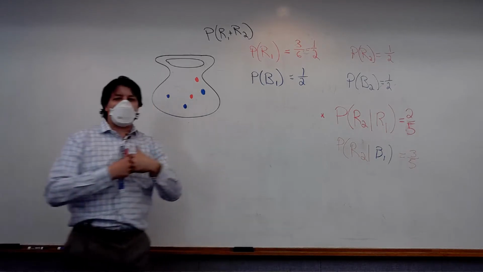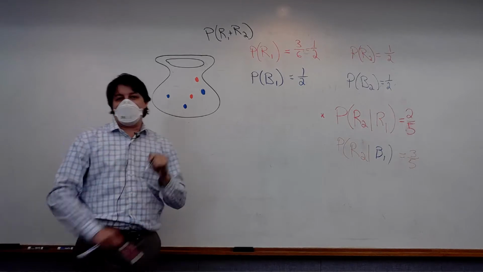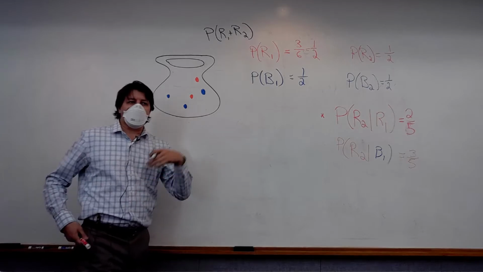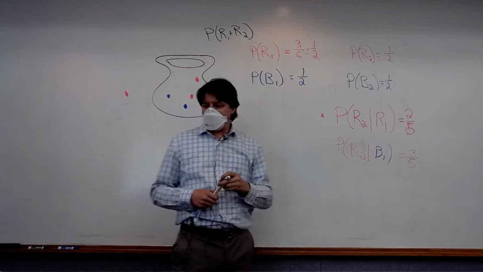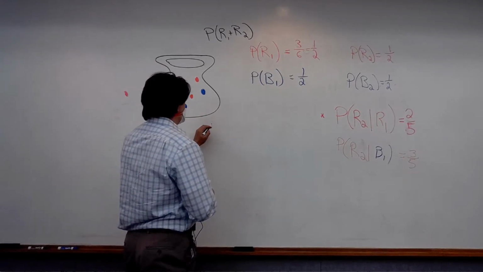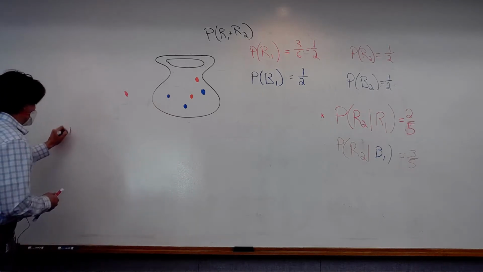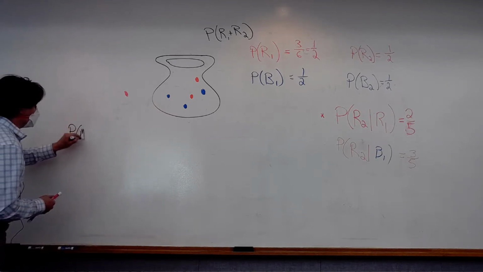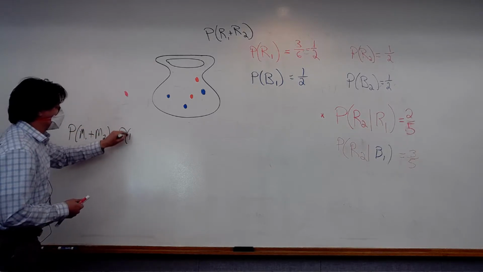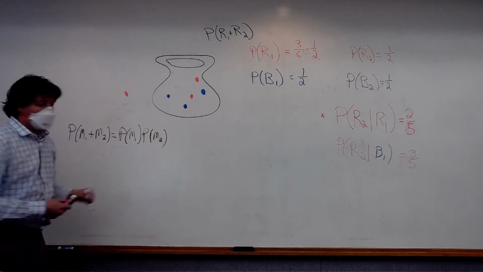So now we're ready to put together our equation. In the previous example, when we had independence, we were able to use what's called the special rule of multiplication. And that was, so I'm just going to rewrite it up here. So we did probability of M1 and M2 was simply the probability of M1 times the probability of M2.